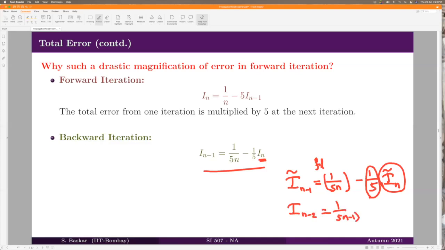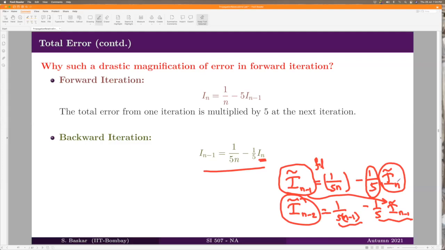So whatever error you have committed here, 1/5 of that only you are going to contribute in this calculation, and whatever you finally find as a difference of these two, you will take a floating point approximation of that, and that is going to be your computed value at the (n-2)th iteration.